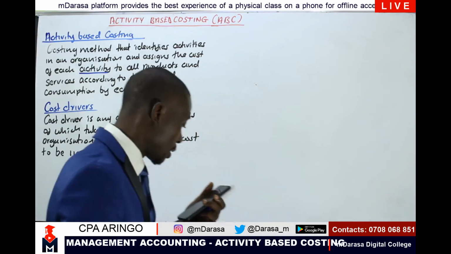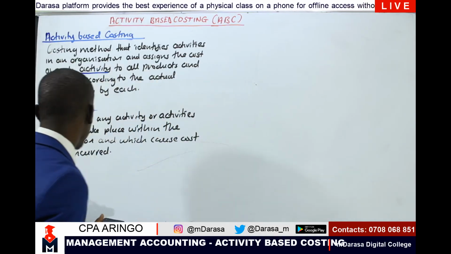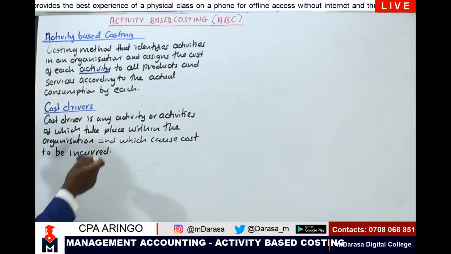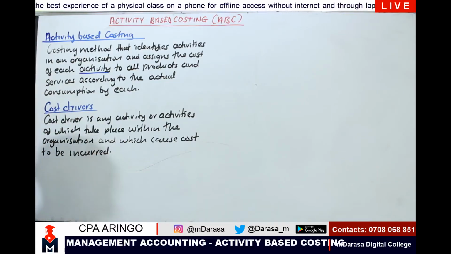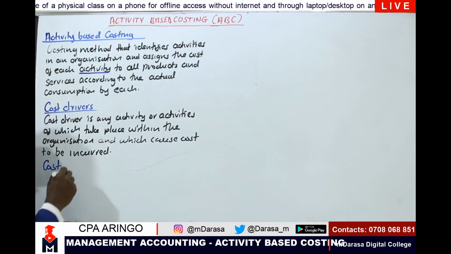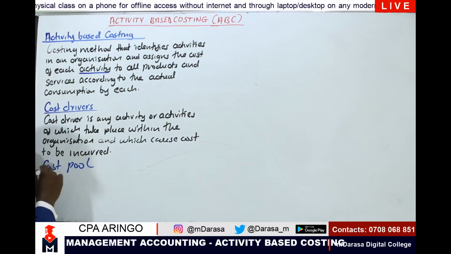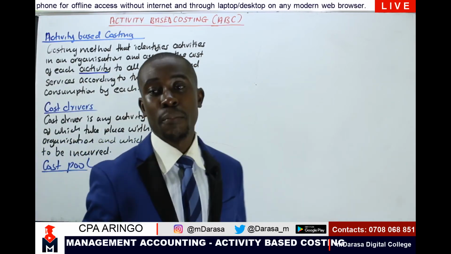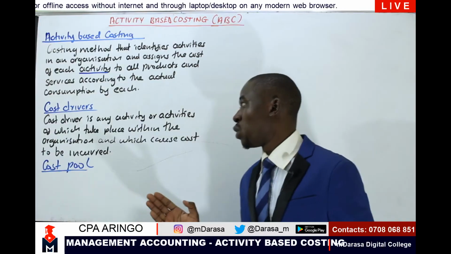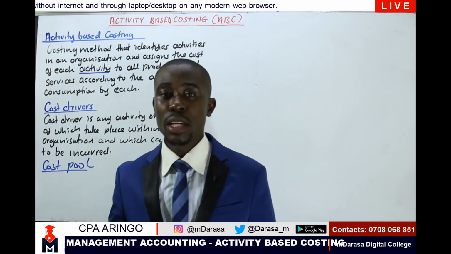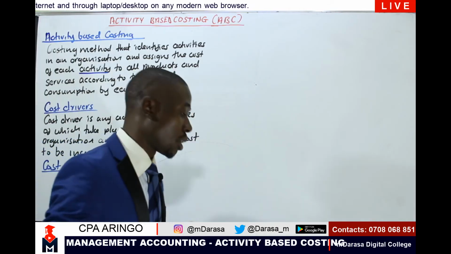So after you've talked of that, another important element that you should also be able to understand, for these activities, I'll always be talking of an item known as a cost pool. Also a very important concept that you must always grasp at any given point I'm handling ABC. So looking at a cost pool, what should ring at the back of your mind?